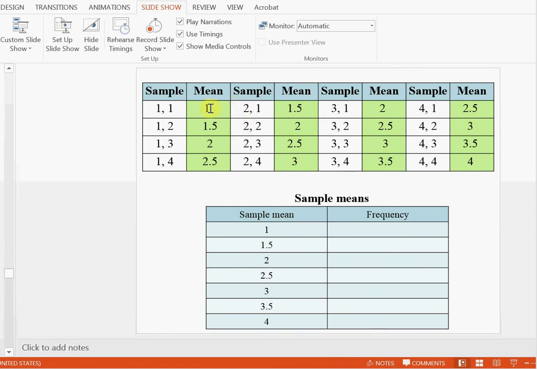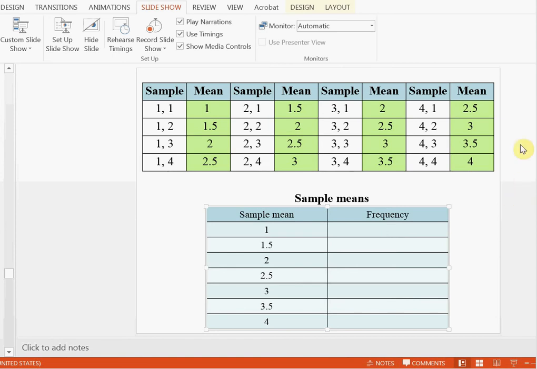We have a sample mean 1, sample mean 1.5, sample mean 2, sample mean 2.5, until we have a sample mean 4. Now let's see, within these 16 sample means, how many times 1 occurred, how many times 1.5 occurred, and so on.